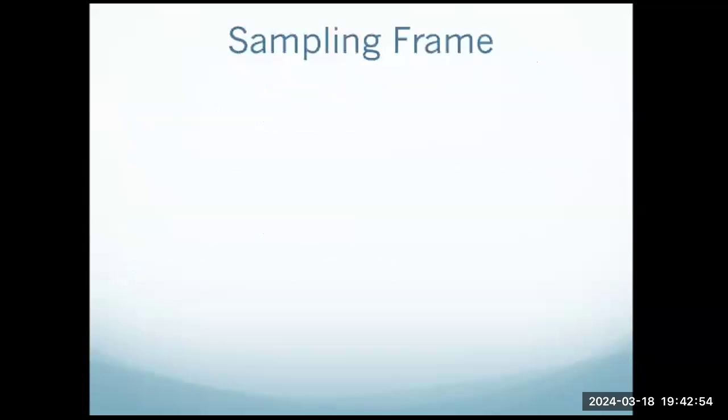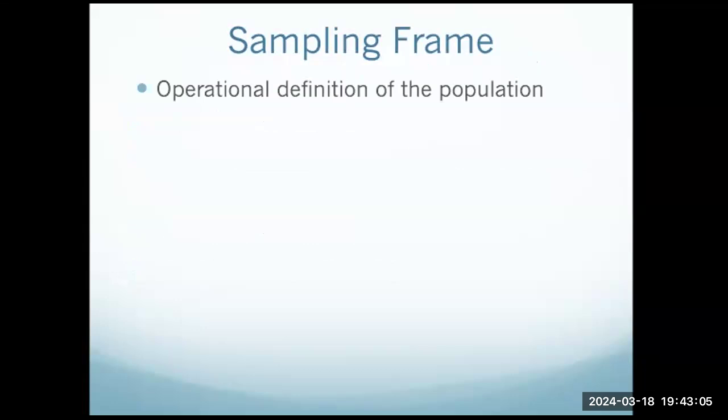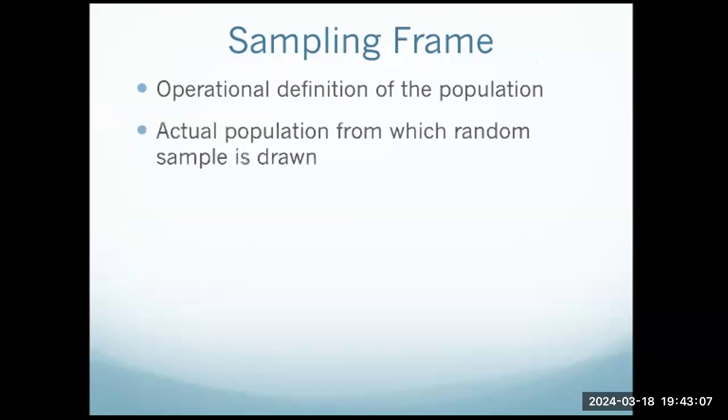Another term for you to understand is sampling frame. So a sampling frame is really an operational definition of the population of interest, right? So it is the population from which your random sample is drawn. For example, maybe I want to look at preschoolers, right?